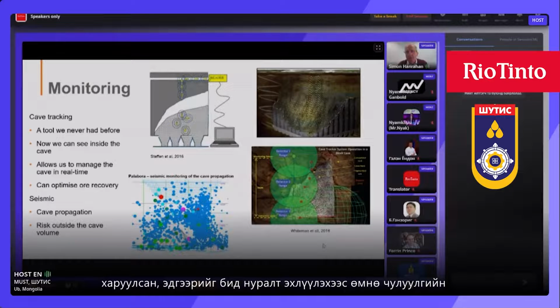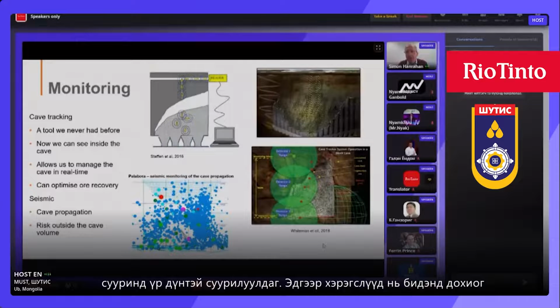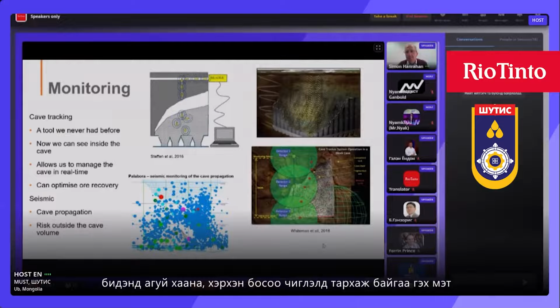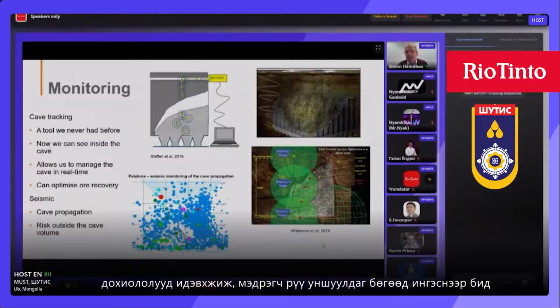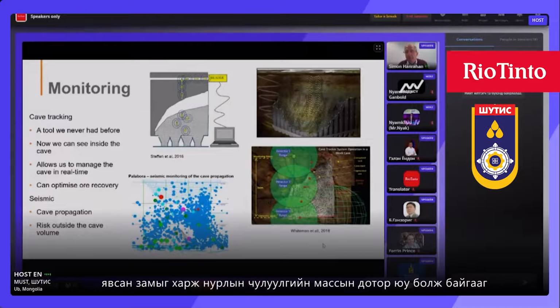That's all changed in recent years, and the figures at the top and down the right-hand side are illustrating the tools that we have to use in the caving operations these days, where we can effectively install them in the rock mass before we initiate the cave. And then these tools are actively sending us signals back to monitoring devices, and they tell us things like where the cave is propagating to vertically.